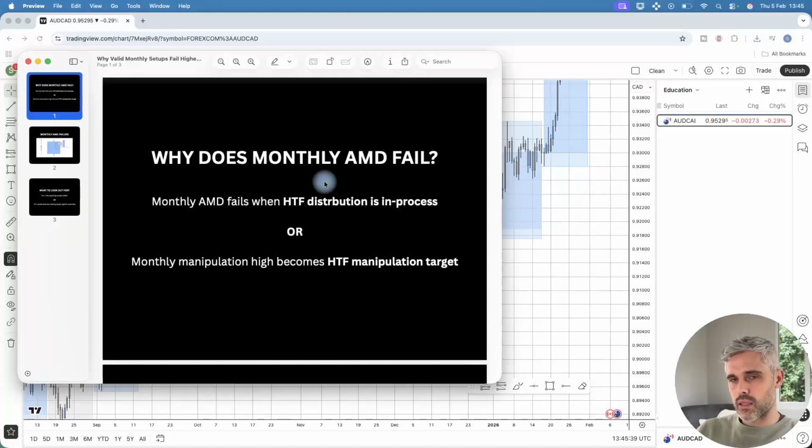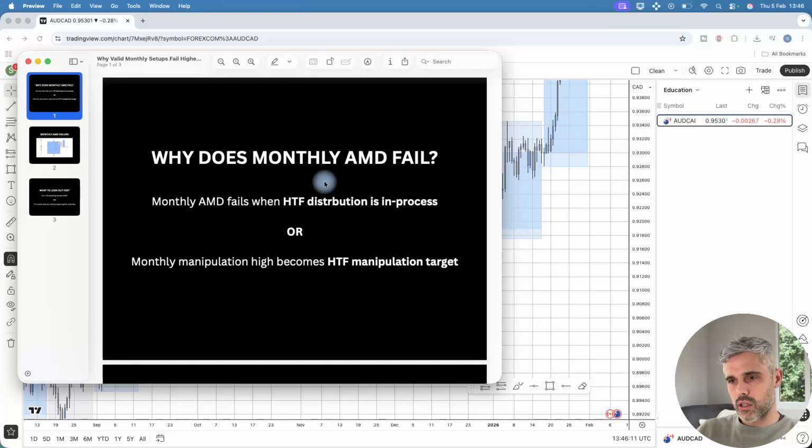The second reason is that monthly manipulation, the high, becomes a higher time frame manipulation target. So what does that mean? You see monthly manipulation, so you're looking for the next candle to distribute lower, for example. But the monthly candle closes at the same time as, for example, a 3-month candle or a 6-month candle, which then exposes the high of an accumulation candle.